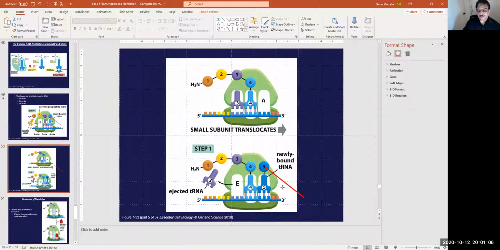This ribosome has to go to the new triplet codon. When it goes to the new triplet codon, the 5th will form a peptide bond with the 4th amino acid. And when the peptide bond is formed, this site will become the E site and it will be ejected off, right?